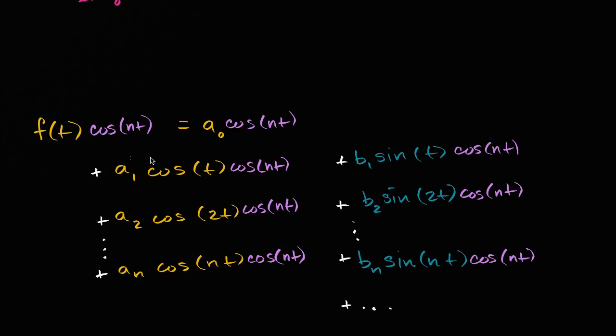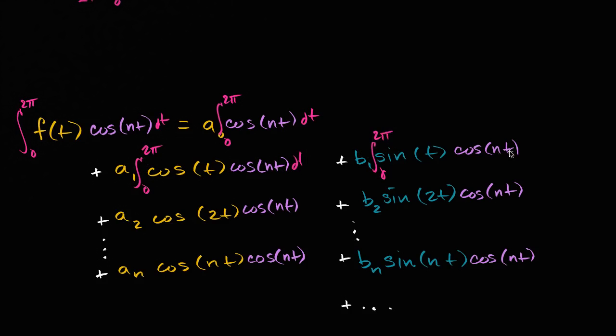And now let's take the definite integral of both sides from 0 to 2 pi. So the definite integral from 0 to 2 pi dt, well, that's going to be the integral of this from 0 to 2 pi. And actually, let me just take that coefficient out of the integral. I'll do this for each term, a little bit monotonous, but it's worth it.